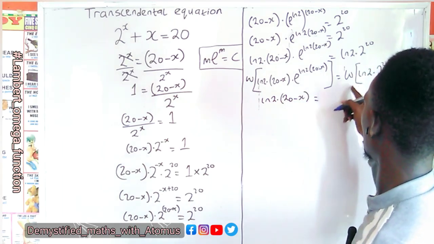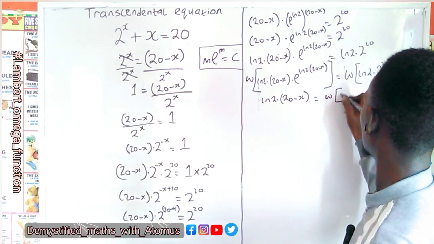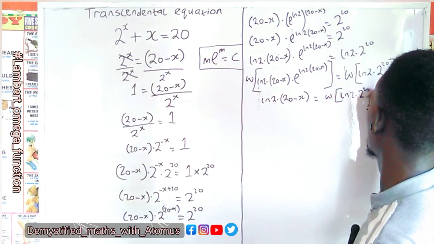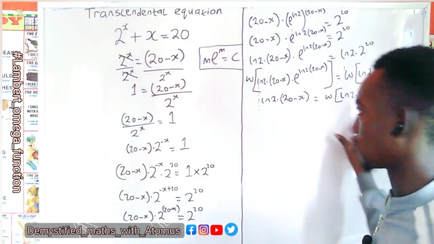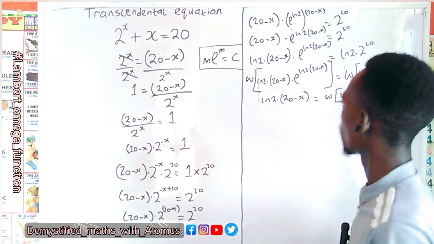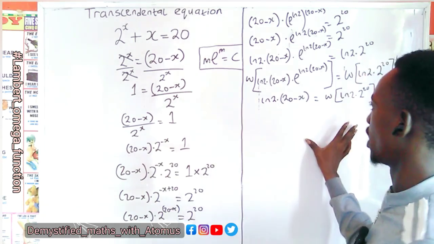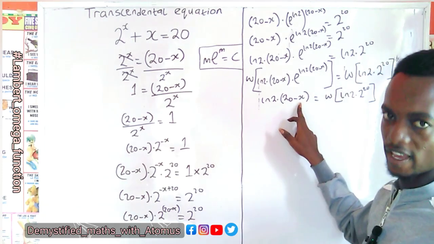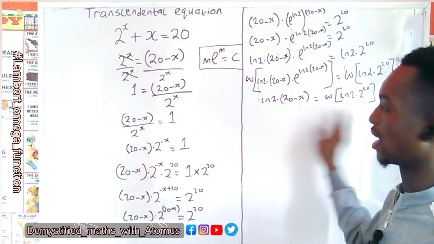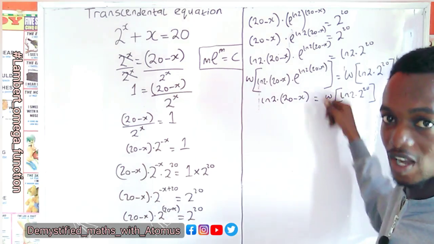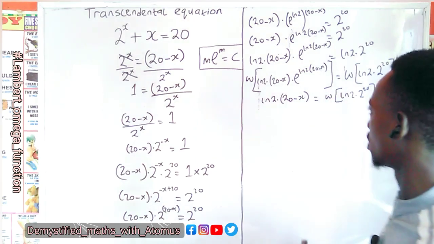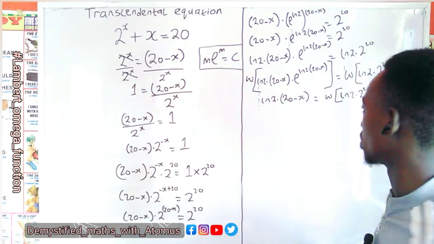That will be equal to the Lambert function of ln 2 times 2 raised to the power 20, which will give us a specific value. We use our calculator, but let's just keep writing it here. Then from here, normally, we'll solve for x, just like a normal equation. Don't be confused. This will give us a digit when we use our calculator, but let's keep on writing it like this. I don't want approximation.